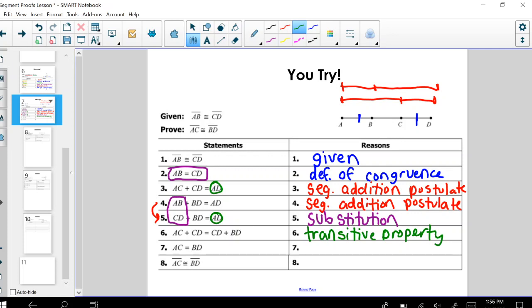Now from here, how do I go from 6 to 7? Well, I got rid of my CDs. I could subtract both of those out. And what I do to one side, I do to the other, and then they're still equal. That's your subtraction property of equality.